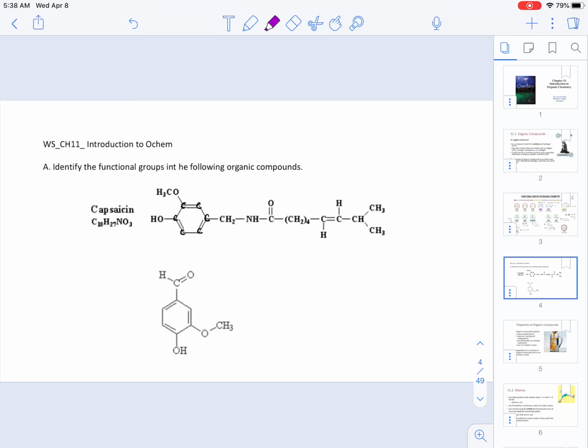Remember, every time we have a carbon atom bonded to OH, that is known as an alcohol. This hexagon that has alternating double bonds and single bonds is what we know as an arene.